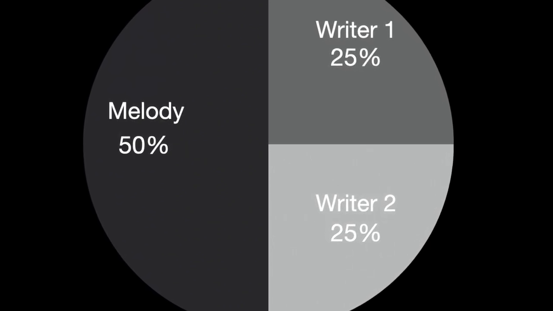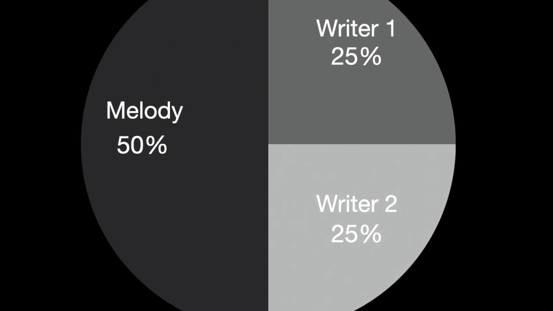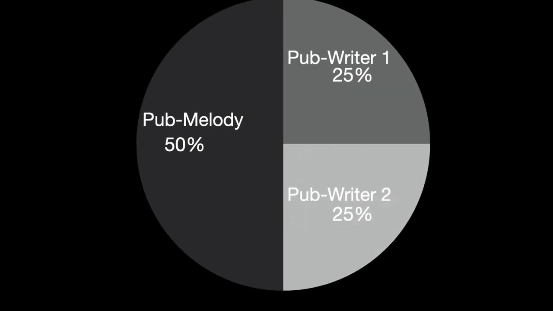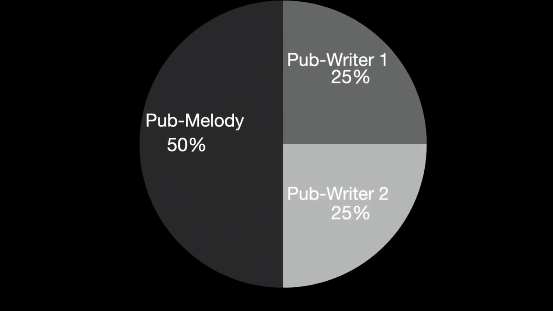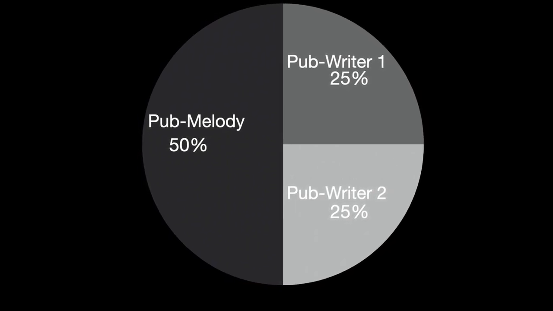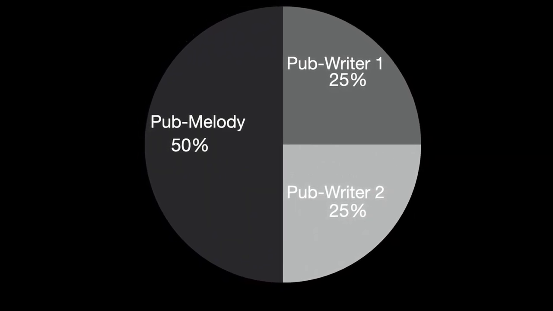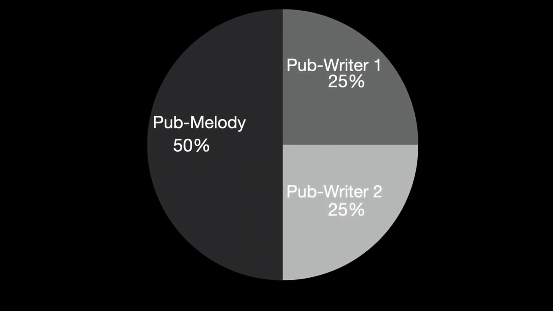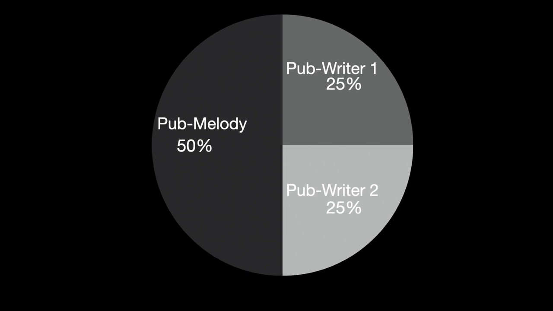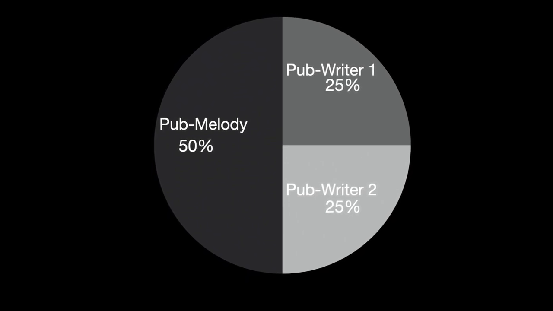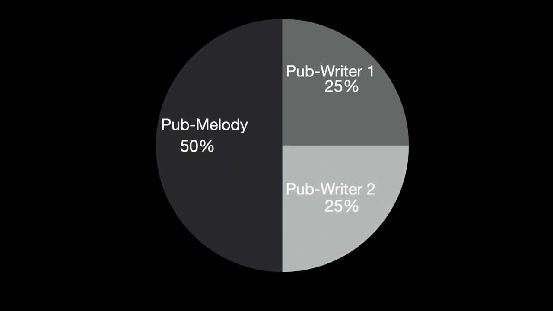The publisher's percentage matches the percentage tied to its writers, whether one or all 3. In our previous example, there were 2 contributors to the lyrics and 1 contributor to the melody. If each contributor had their own publishing company, then the publishing company's percentage will match its contributor at 25%, 25%, and 50%, making 100% of the publisher's share.